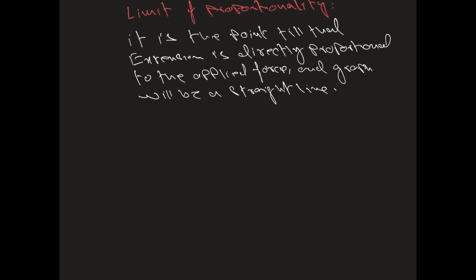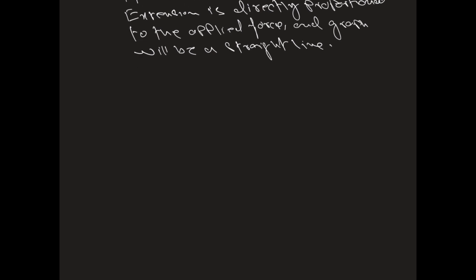Except a very few cases where the case is different, but in most of the cases, after the limit of proportionality, the graph will bend towards the extension. Let me discuss one more example. If I plot the graph this way, extension on x-axis and force on y-axis, the graph will be a straight line.